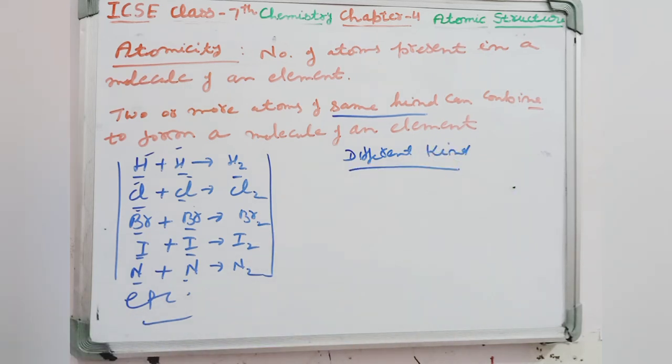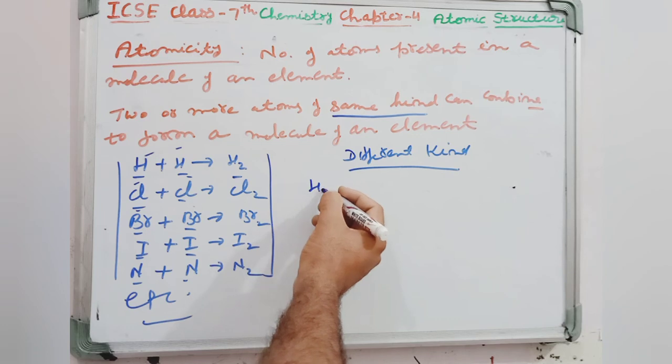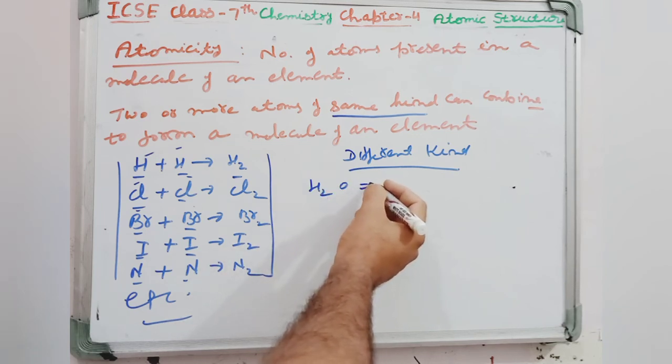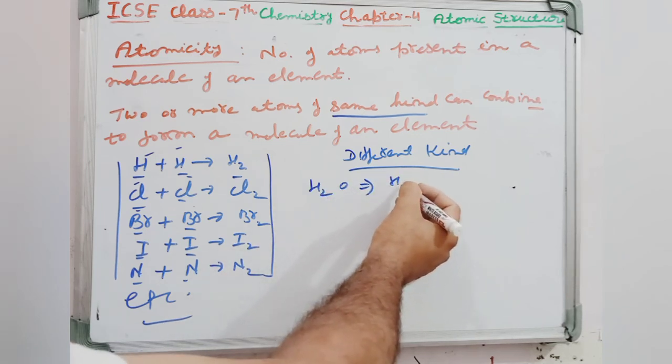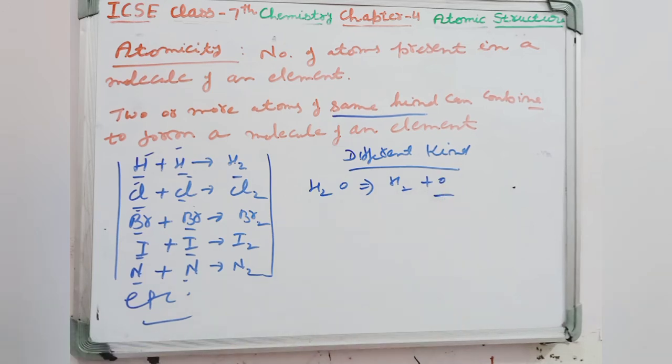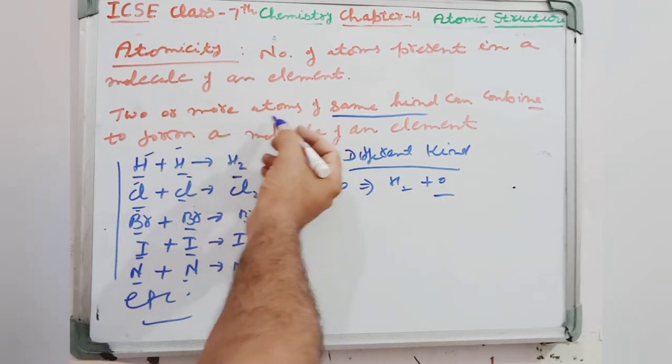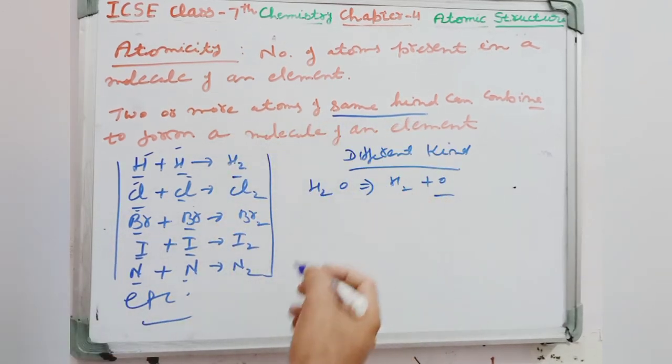For different kind, an example is water, H2 plus O. So same kind, different kind.